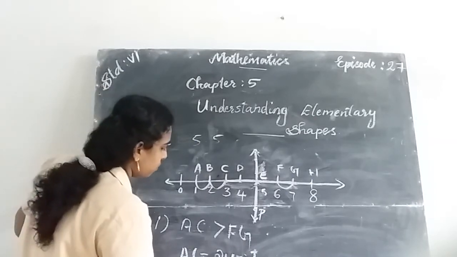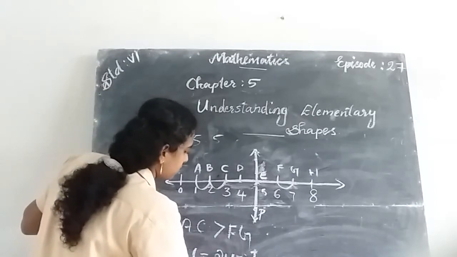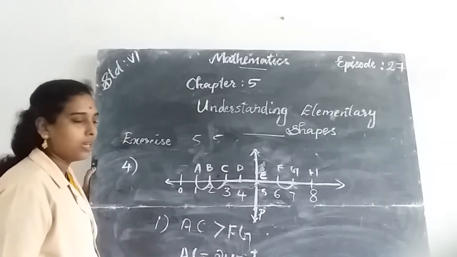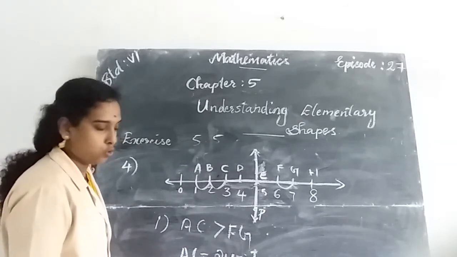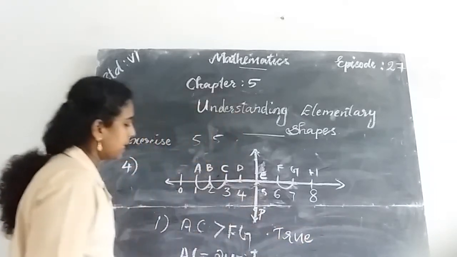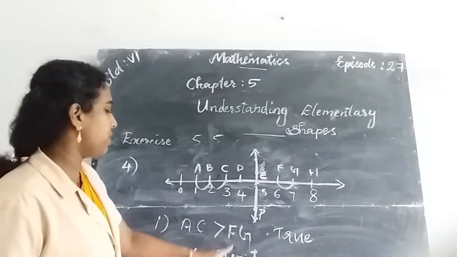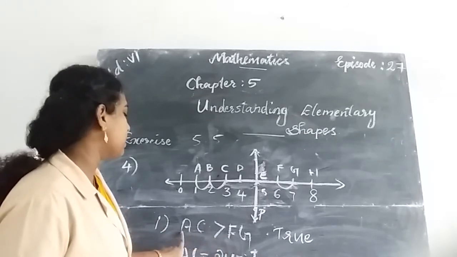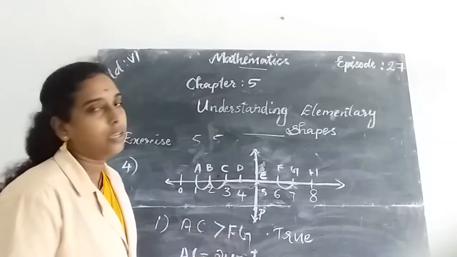FG is equal to 1 unit. So 2 is greater than 1. That means AC is greater than FG. So the statement is true. First statement is true, because AC measures 2 units and FG measures 1 unit. So 2 is greater than 1 unit and hence AC is greater than FG.